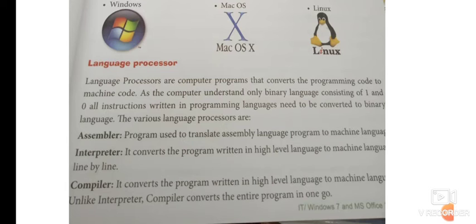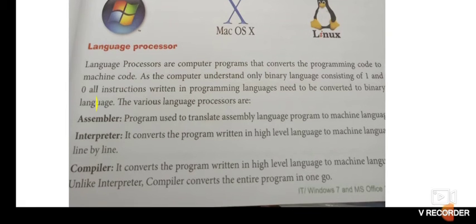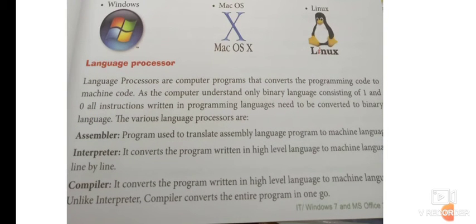Now the interpreter and compiler translate high level language into low level language. High level languages are a combination of some English words and some rules. Interpreters and compilers convert this high level language into machine language, that is 0 and 1.